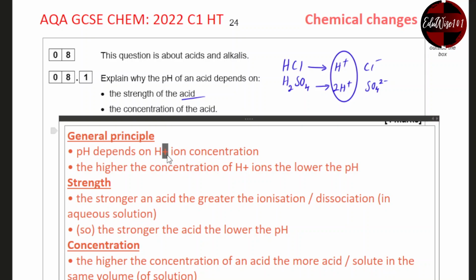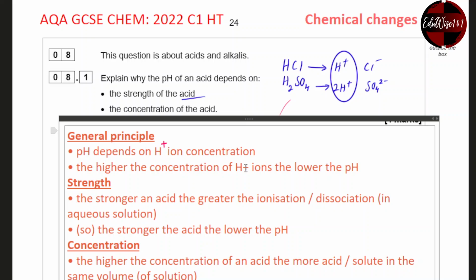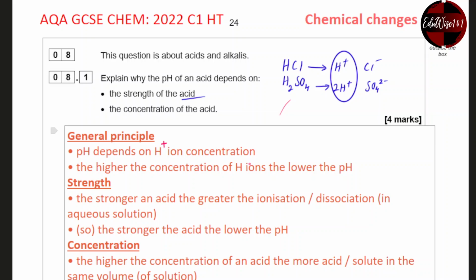So again, let me just change that because that's incorrect. So I need to write it properly. So it will be H+ ion concentration, and the higher the concentration of H+ ions, the lower the pH is the general idea.